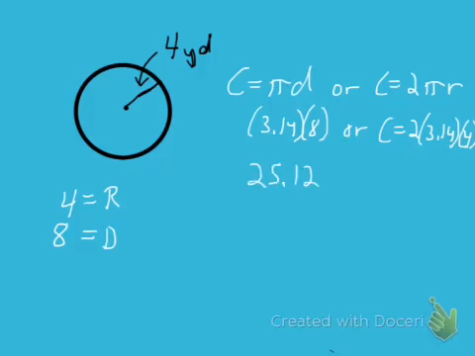If you rounded that to the tenths place, it would be 25.1 yards. Okay, you get the same thing either way. Make sure this is in your notes, both these examples. Then, let's move on.